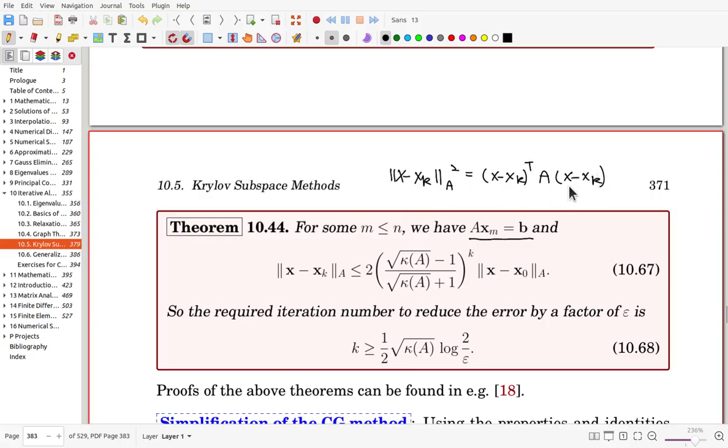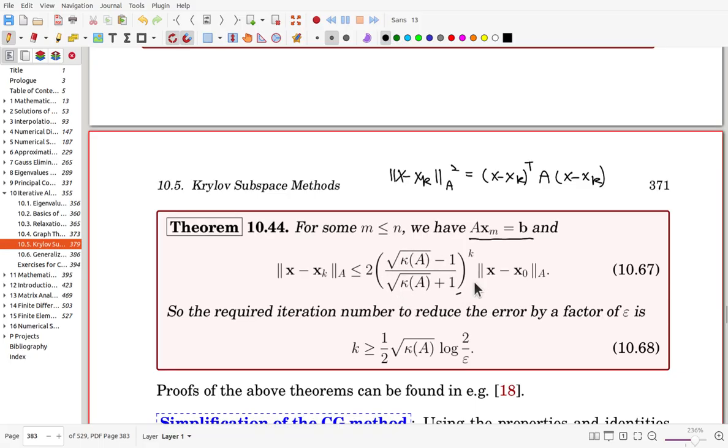That's the definition. With respect to A, we measure the norm, and the A-norm at the k-th iterate is bounded by this quantity and the initial error. So each iteration is reducing the error by this factor.